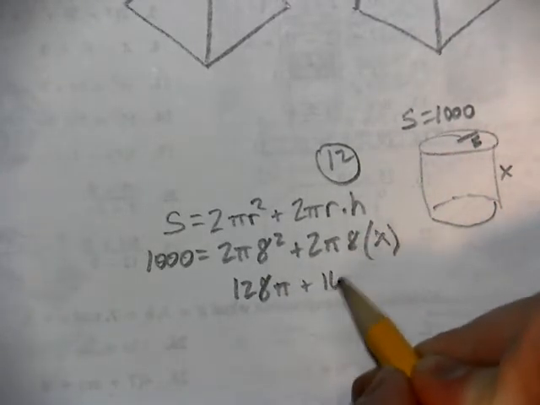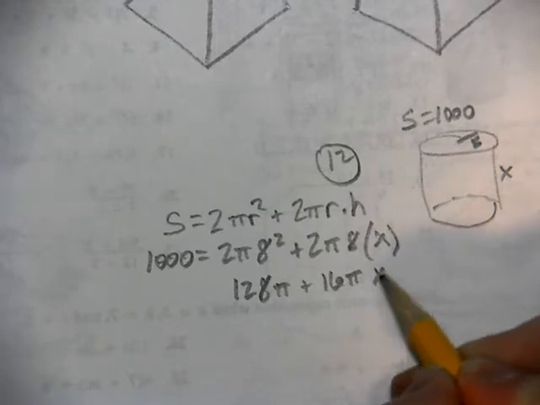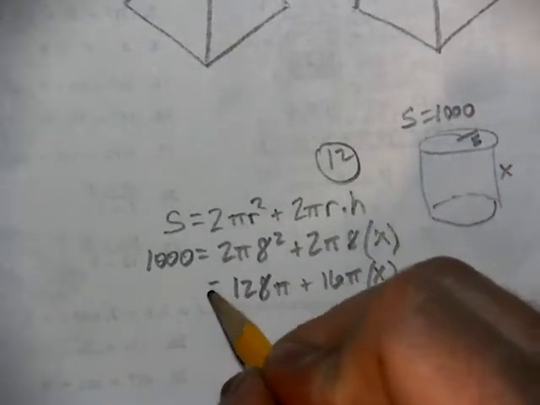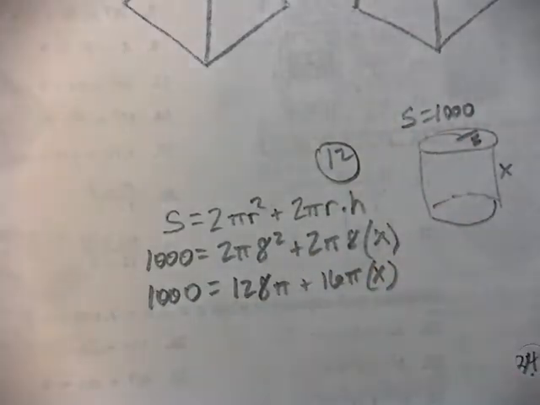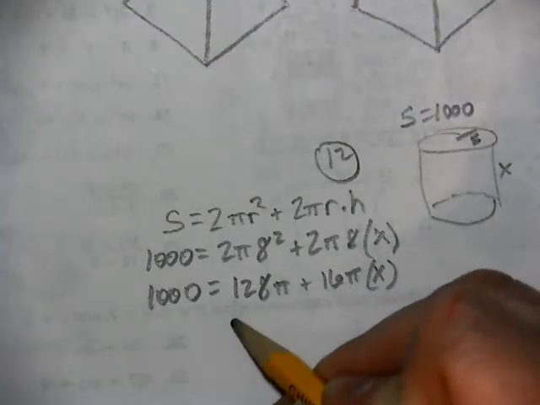This gives us 16 pi times x equals 1,000. Well, these are unlike terms still, because this has the x. So I can subtract 128 pi. So I got to figure out what 128 pi is. And that's going to come out to 402.12.